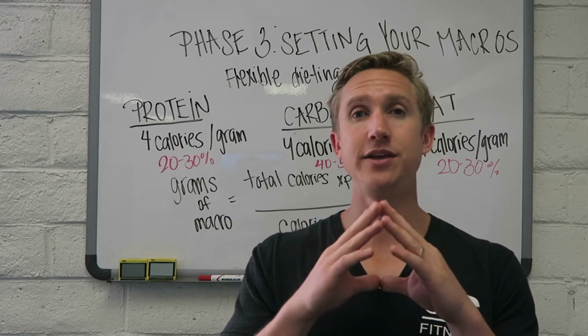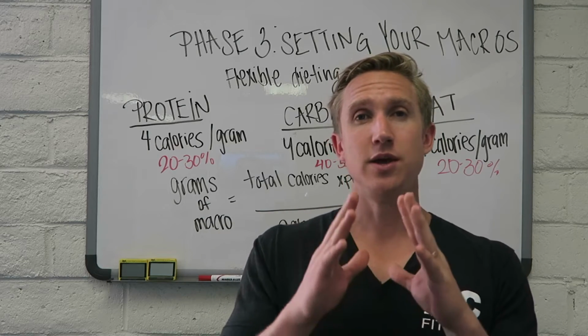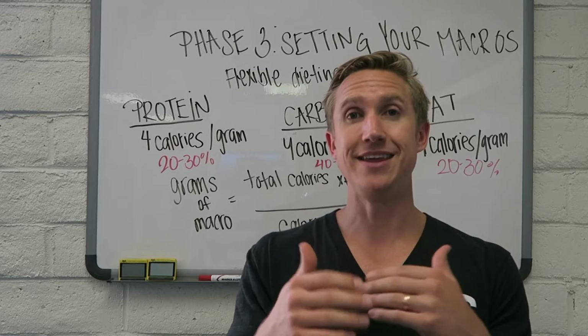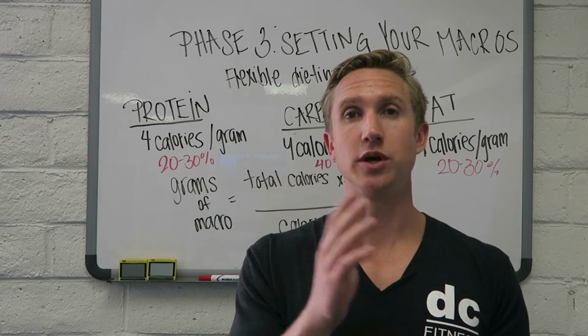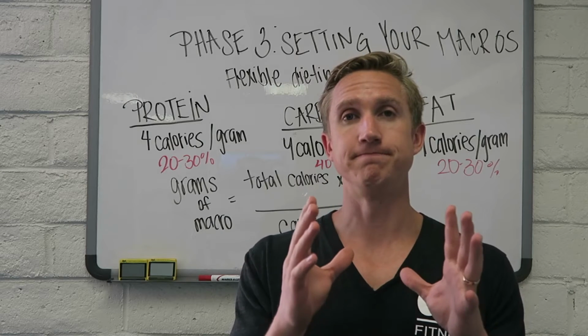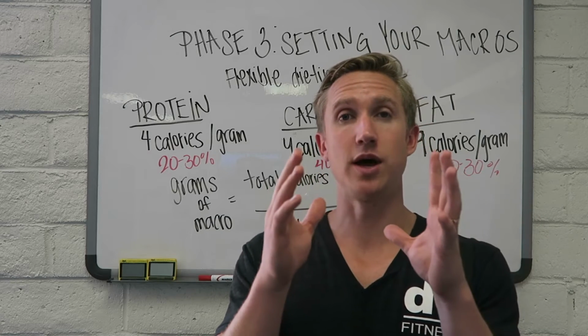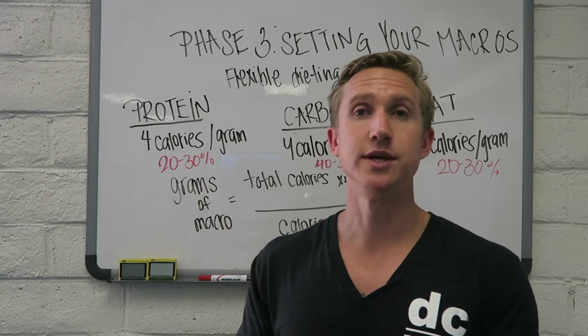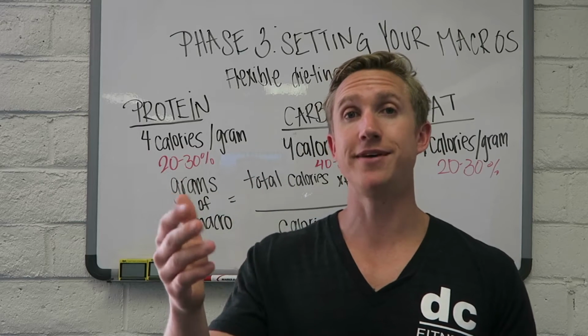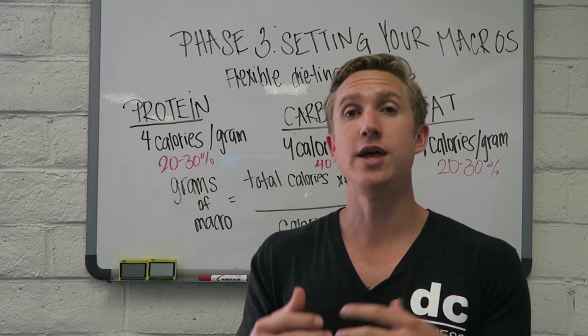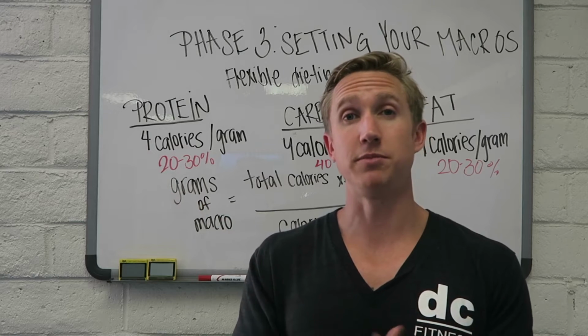Now, with setting your calories in phase 2, there was no equation. I didn't give you a number to focus on to get you to either your deficit calories, maintenance, or surplus. What I recommend you do is actually just get your body fat tested, find out how much lean muscle mass you have, and base it upon your resting metabolic rate.